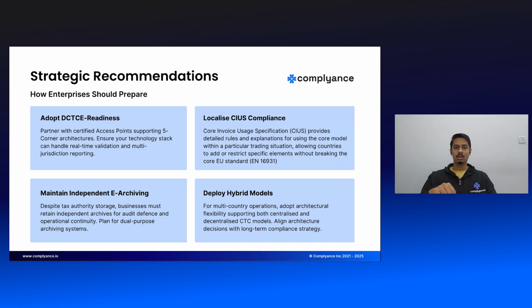And the second thing is, even if a country adopts a standard e-invoicing format, say for example EN 16931, which is a standard used across Europe, they have the ability to change a few things in the constraints of the CIUS, that is the Core Invoice Usage Specification.